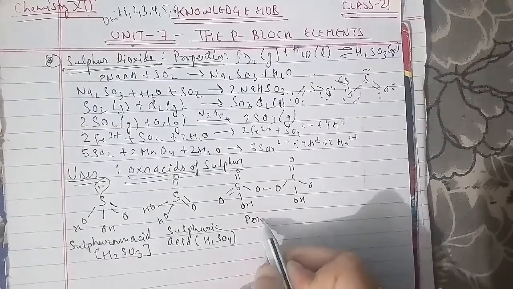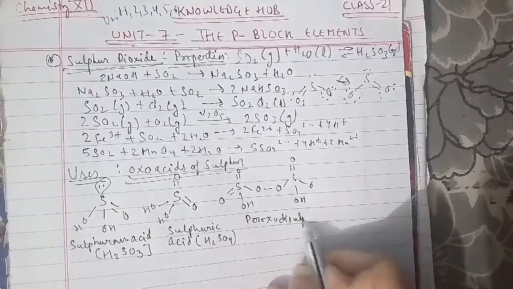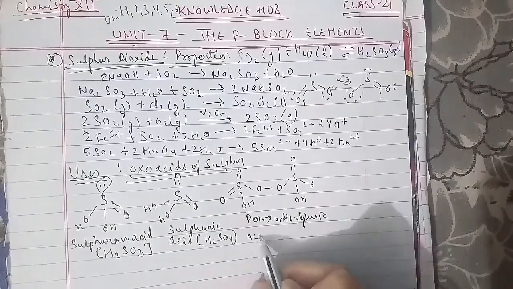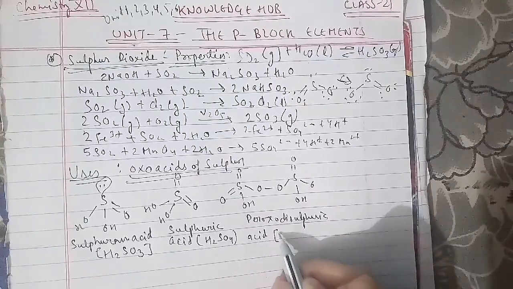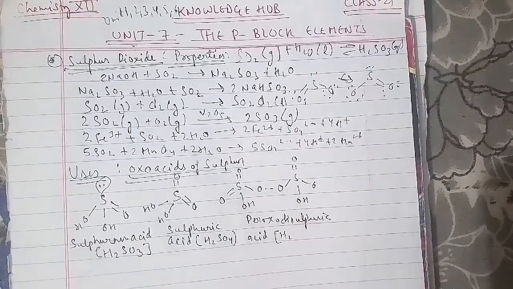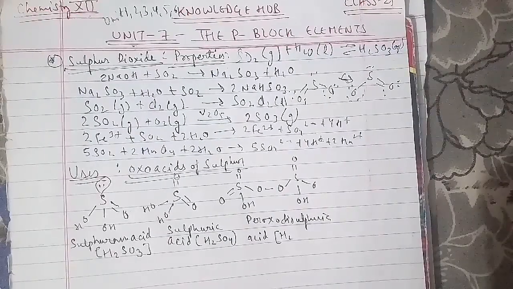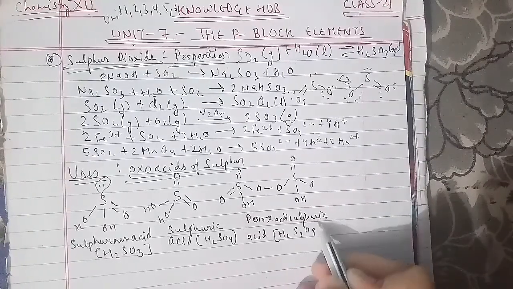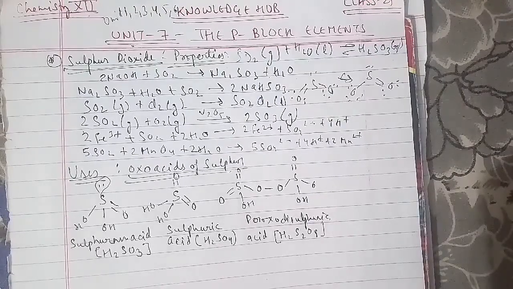Now we have another one. We'll go ahead with another one that we have here, which is pyrosulfuric acid, which is oleum as well. It is O double bond S double bond O, then bond with O, bond with S, double bond O, double bond O, bond with OH. This is OH here.